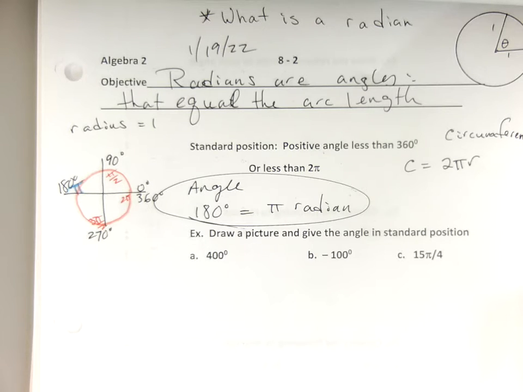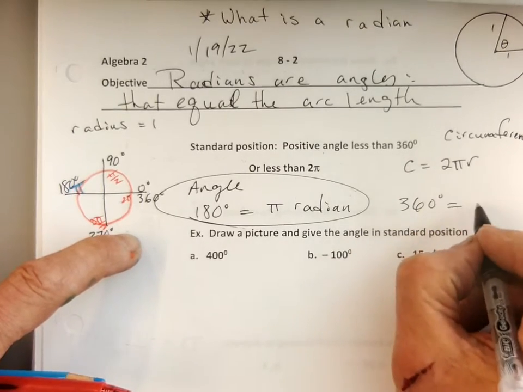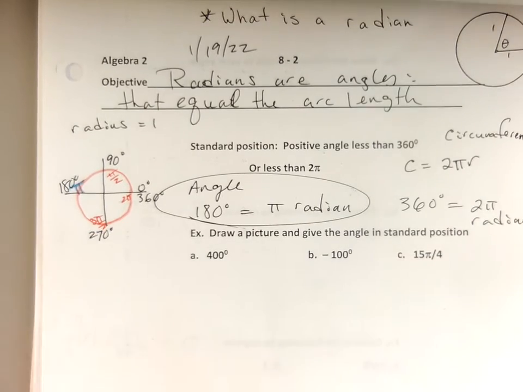We also have an angle of 360 degrees, which equals 2 pi radians.